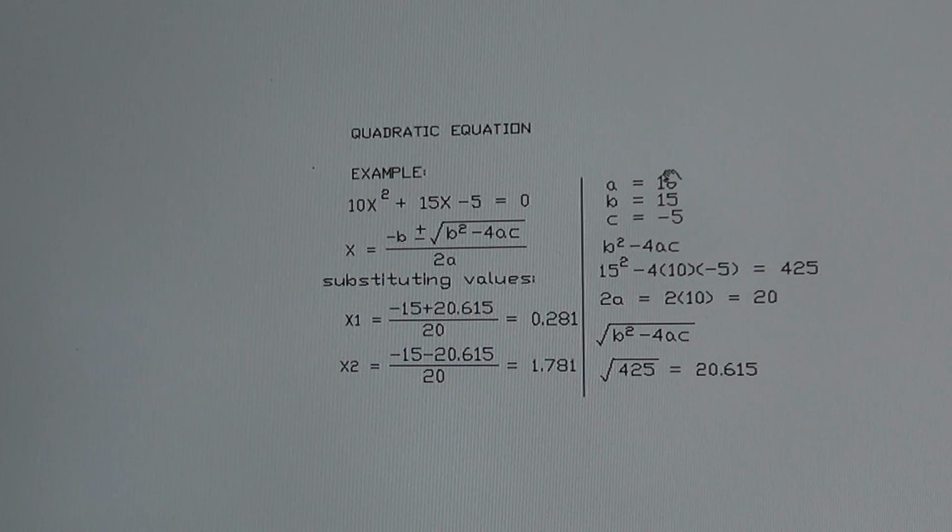In the program, all you have to do is enter this data here. These are variables. You can change this anytime. I programmed it in a way that the program will prompt you to enter this, and then the program will calculate itself to give you the answers for x1 and x2.